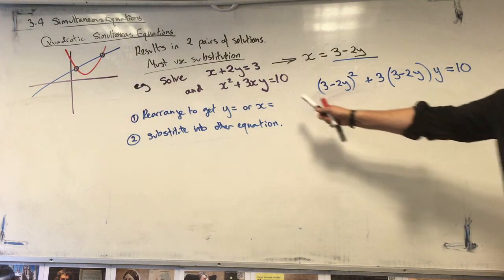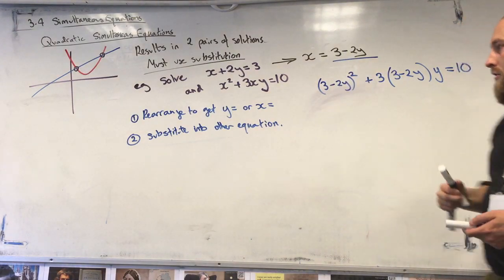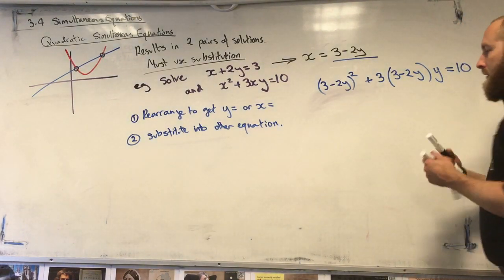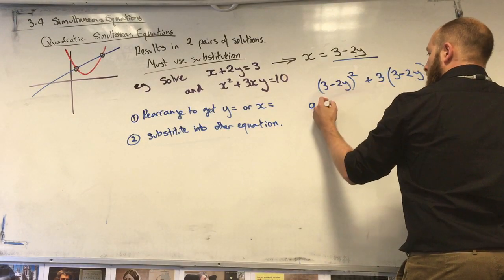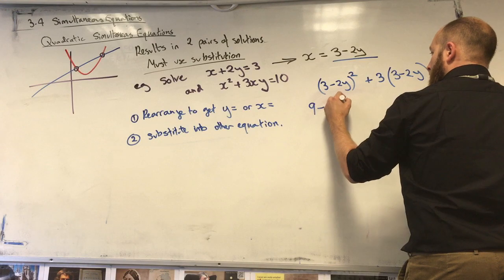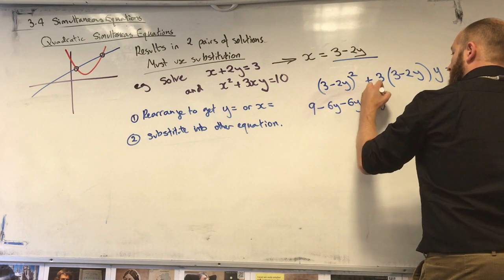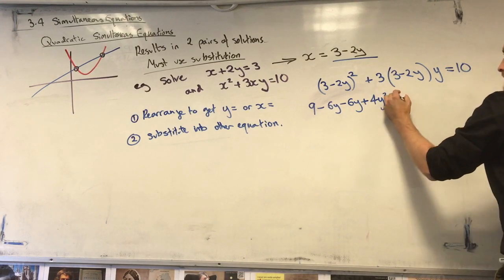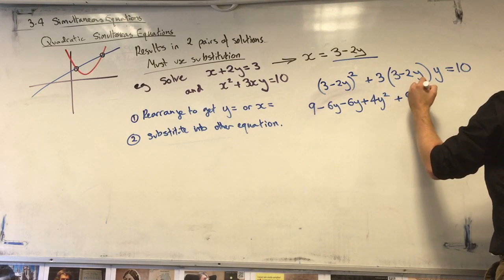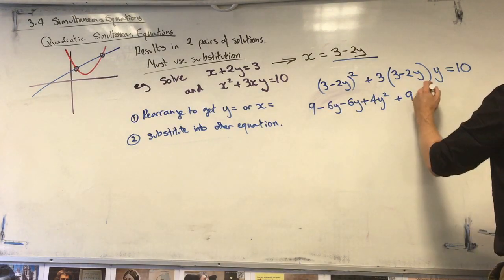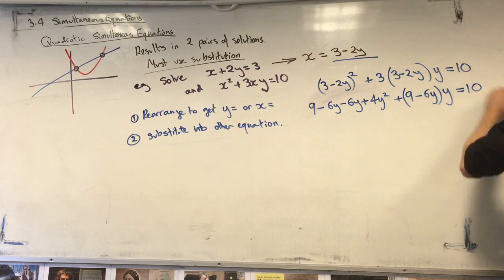So this is this equation, but the x is substituted for our original equation. So we're going to expand this, get 9 minus 6y minus 6y plus 4y squared. Expand this one, plus 9 minus 6y, all times by y, equals 10.